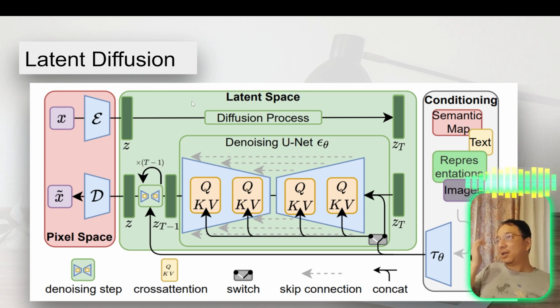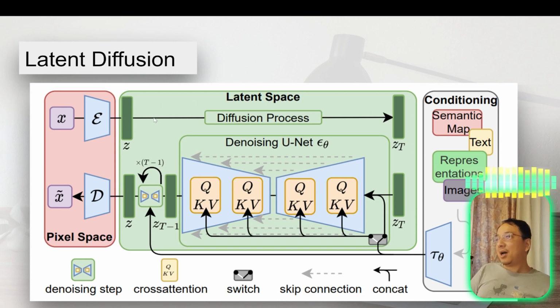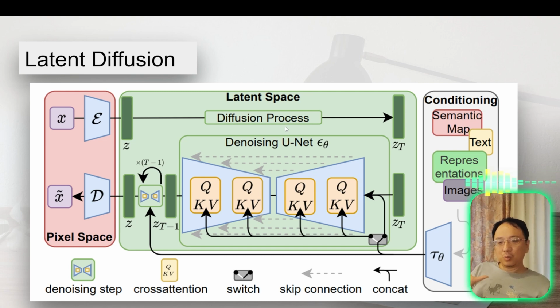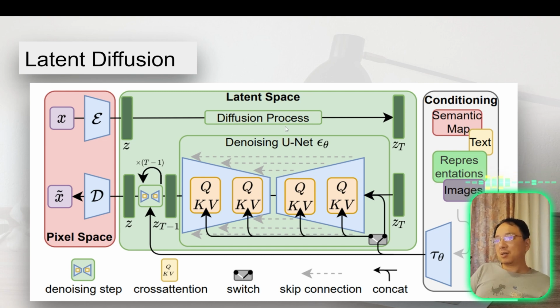Okay, so then we do the diffusion process on it. When we do the training, the diffusion process means we add the noise into the latent. So we add the noise on the latent vector z. We use the same method to add the noise.